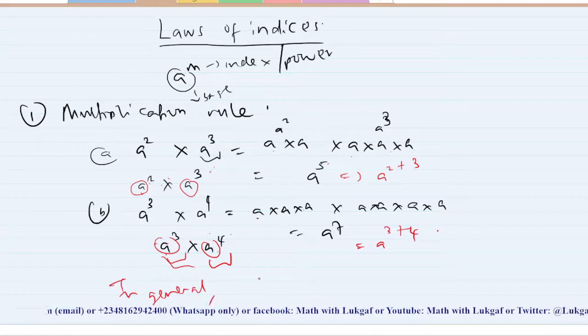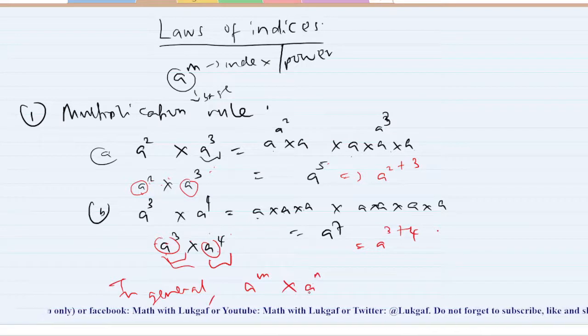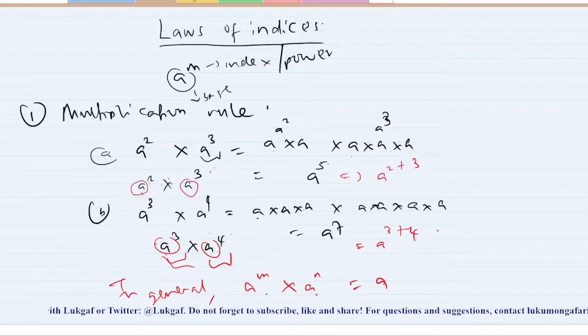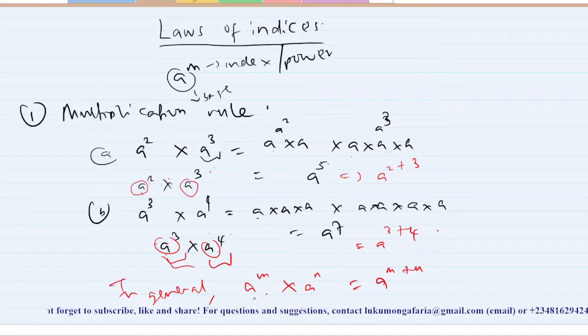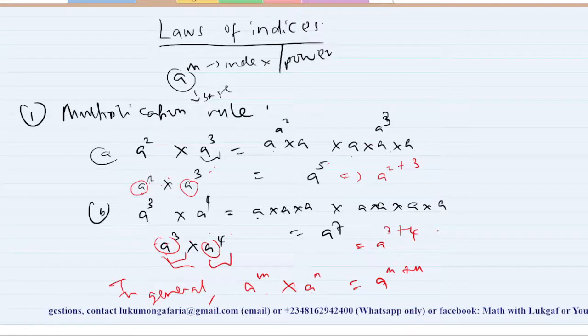When you have the same base with different index and you have to multiply them together, you take one of the bases, since they are the same, and you add the index together. So a raised power m multiplied by a raised power n will give me a raised power m plus n.